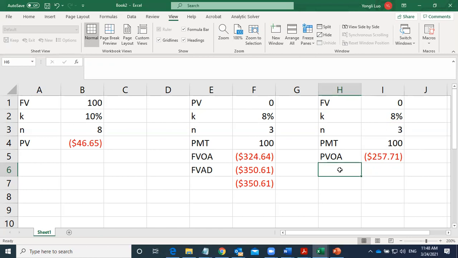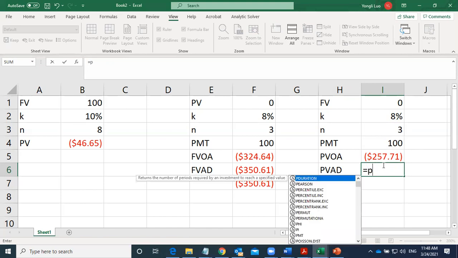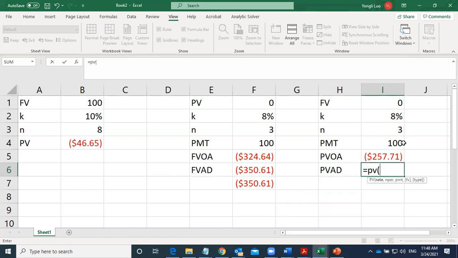You might ask me the question: what about the present value of annuity due? Annuity due is where the payment is made at the beginning of each time period. So let's say present value of annuity due, rate 8%, number of time periods 3, payment 100, future value 0.